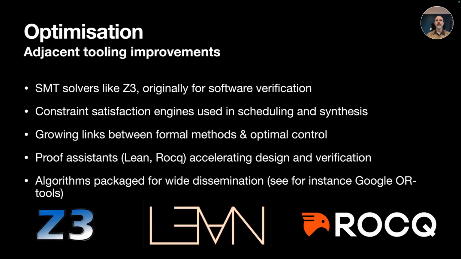So posing problems as satisfaction problems, or using proof assistants like Lean and Rocq to accelerate the design and verification of systems. And what's really useful about this is that all of these algorithms are packaged for wide dissemination. So you can actually benefit from these advances, and it's not some research effort that you read about but never see.